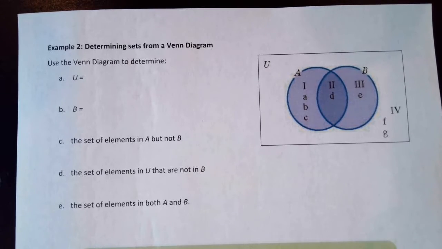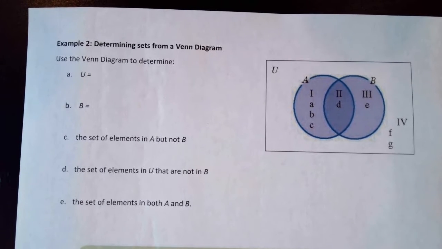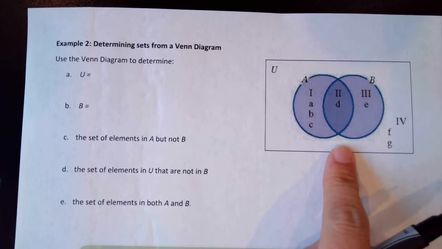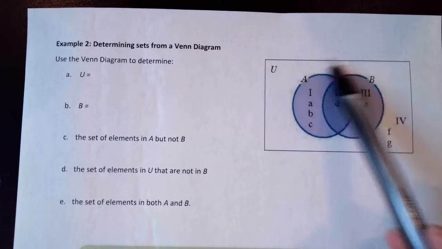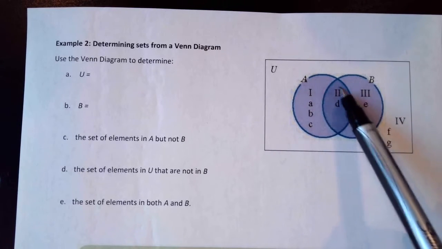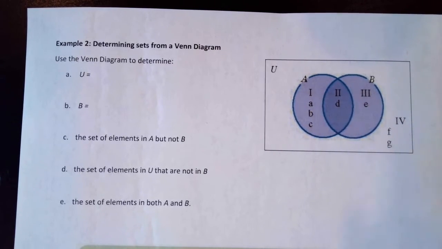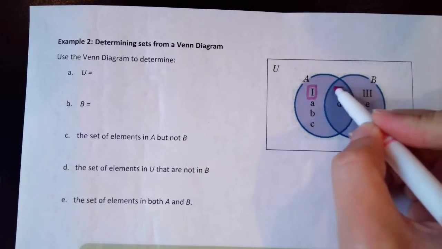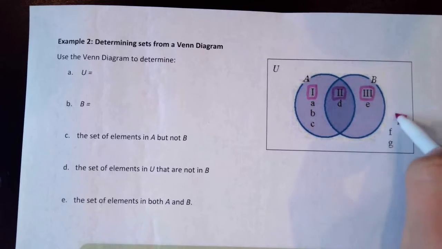Okay, let's talk about this problem. So I pulled this image from your homework, your math lab homework, just so that we can work with pictures that look like this and you won't really wonder about it whenever you get there. So here I've got my rectangle with my U. And if you see these Roman numerals, 1, 2, 3, and there's a 4 down here, these are not parts of the sets. These Roman numerals are talking about like areas of the picture.